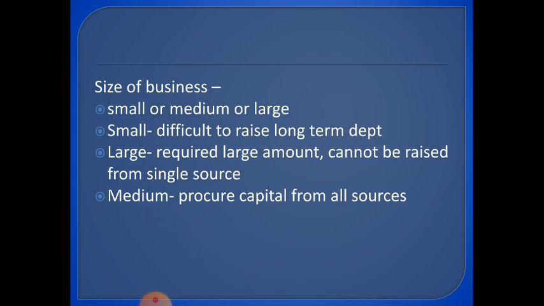Large companies require huge investment, so they opt for long-term capital, long-term bonds or long-term loans, for long-term operations. Under medium business, they procure different capital from different sources. They use loans, debentures, equity capital and preference capital.